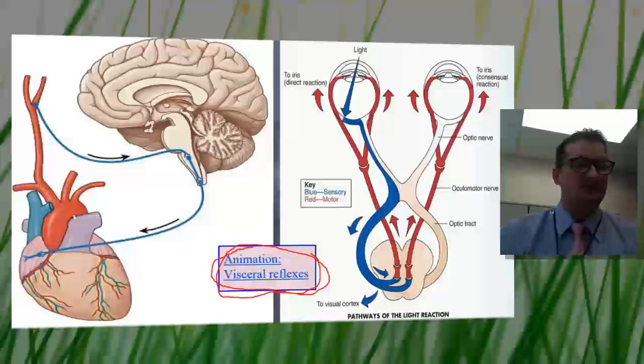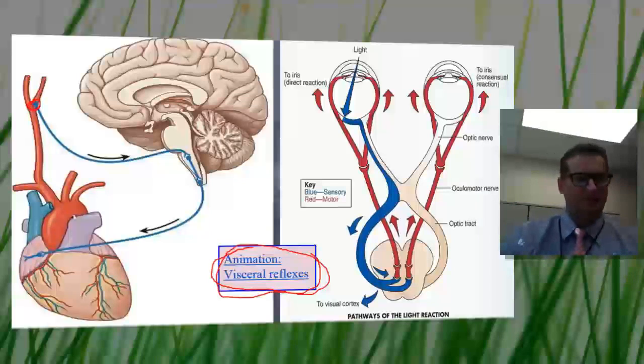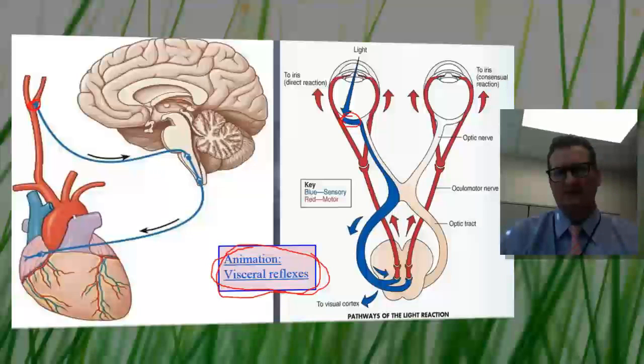So receptors, in this example, are right in the carotid artery near the carotid bifurcation, where the common carotid splits into the internal and external carotid. The receptors in the eye are in the retina, shown here.